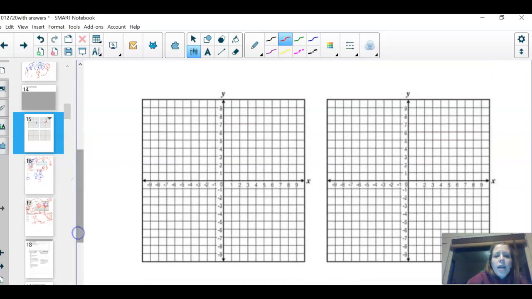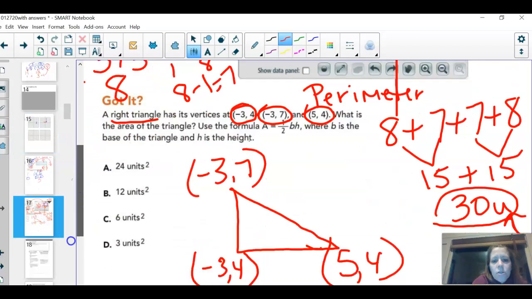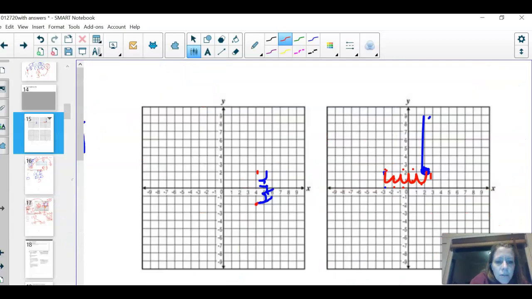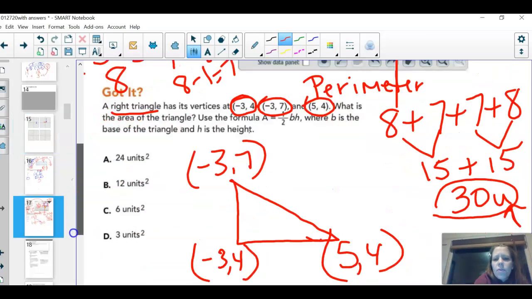And I would have something very similar. Okay, so I would still have -3, 4, and -3, 7. And then I would have, I believe it's 5, 4, yeah.